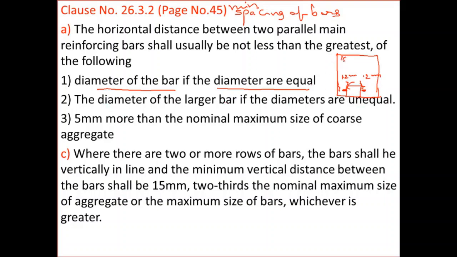Let us say one is a 16 mm bar, another one is a 12 mm bar, and 5 mm more than the nominal maximum size of coarse aggregate. Suppose the coarse aggregate used is 20 mm.